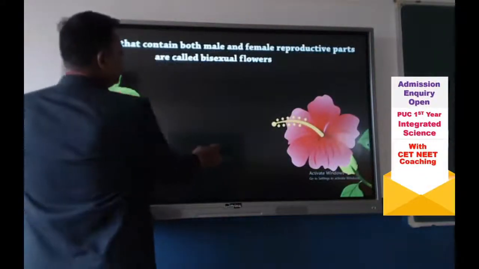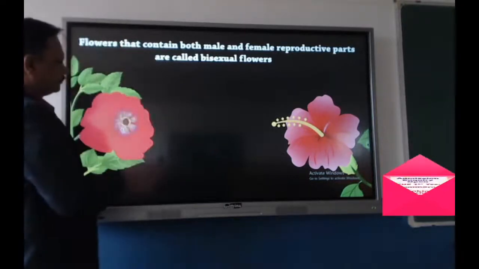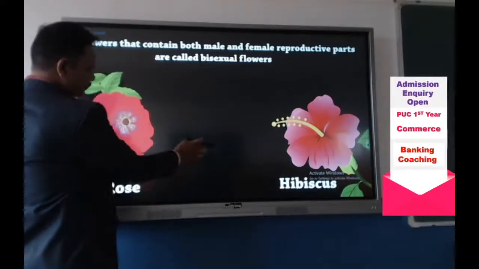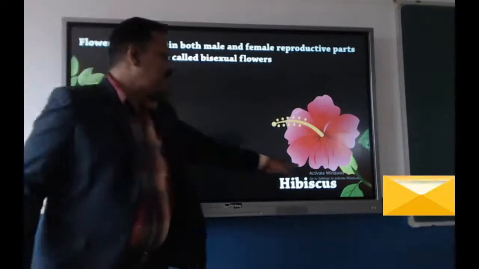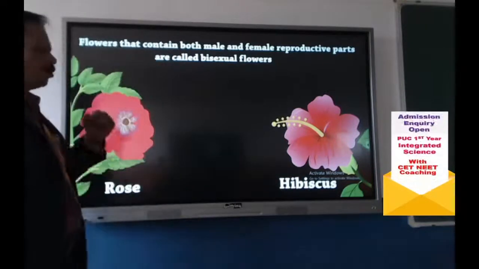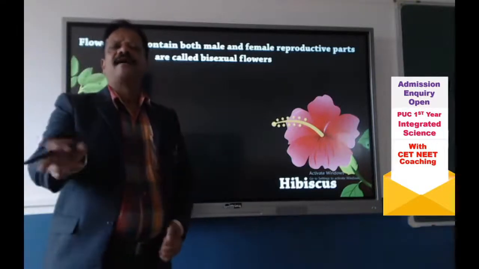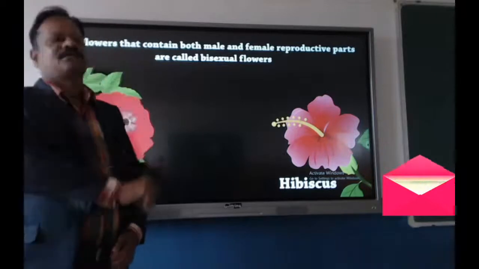Flowers that contain both male and female reproductive parts are called bisexual flowers. Hibiscus and rose are some examples. So here two examples are taken, hibiscus as well as rose. If male and female reproductive parts are present in one flower, then we call it a bisexual flower.